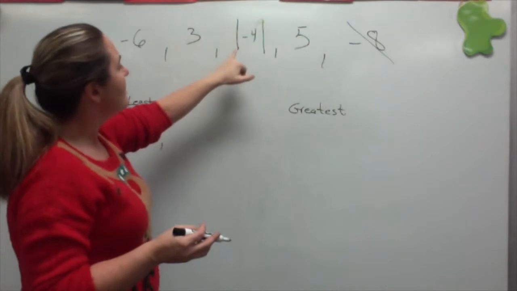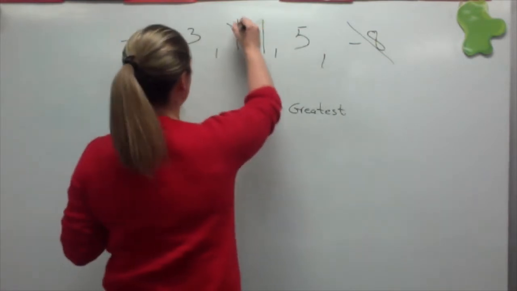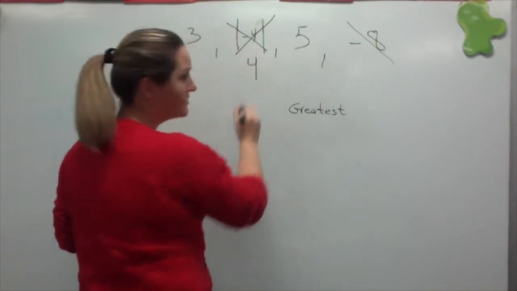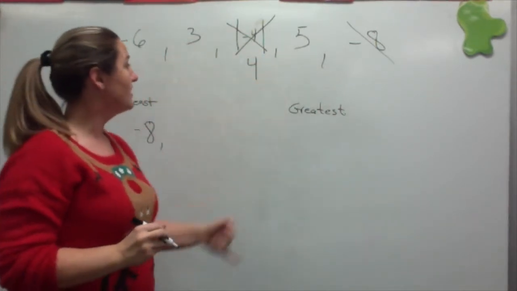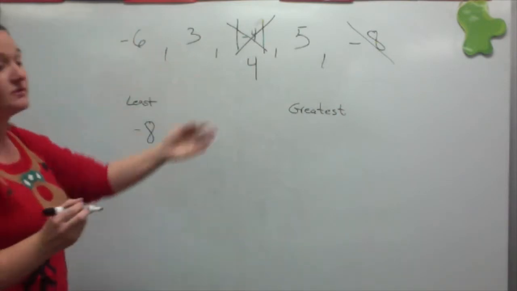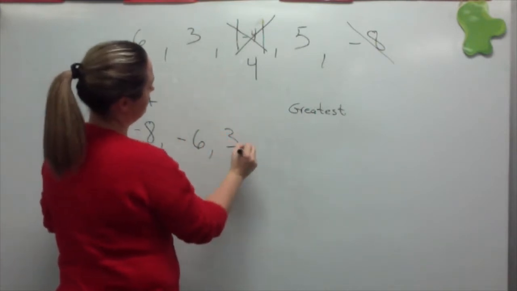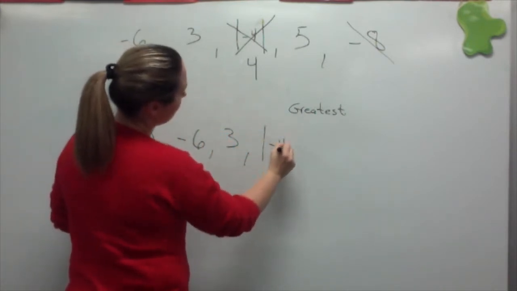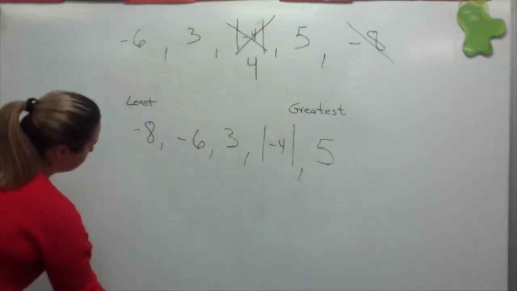I've got a 3. I've got the absolute value of -4, which is essentially 4. So I've got -6, 3, 4, and 5. I only have one negative, so obviously that is a smaller number than any of the positives. Then 3, the absolute value of -4, and then 5.